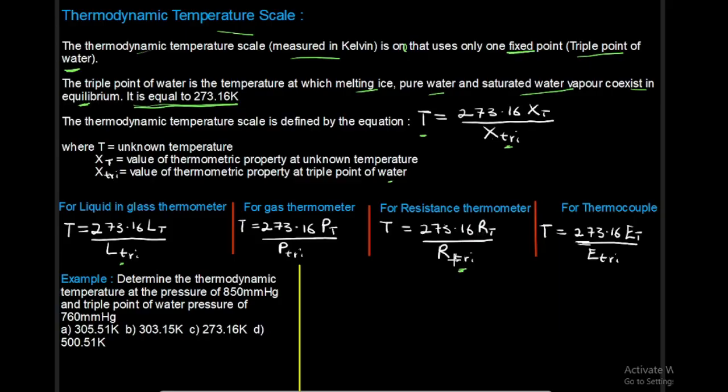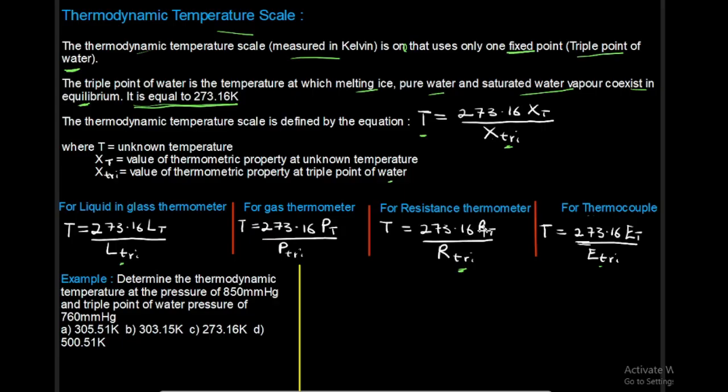Resistance is the thermometric property, so we have R in place of X. For a thermocouple, the thermometric property is EMF, so in place of X we have E. So T equals 273.16 Et all over Etri, where Et is the EMF at unknown temperature and Etri is the EMF at the triple point of water.